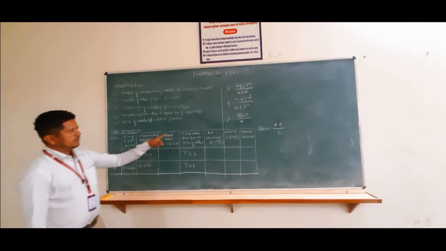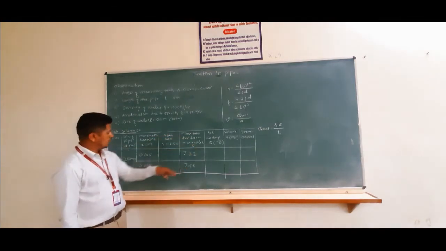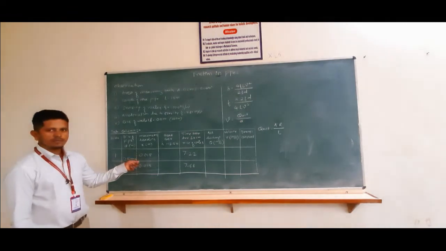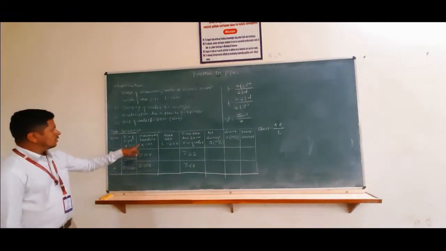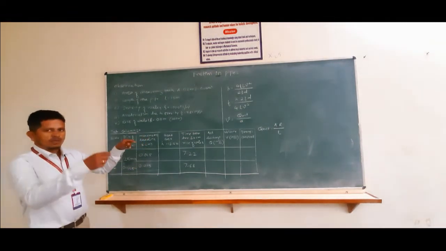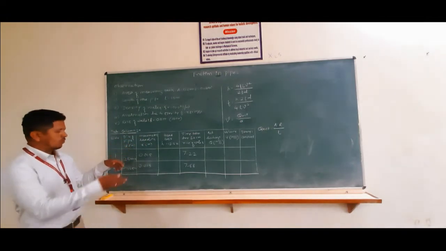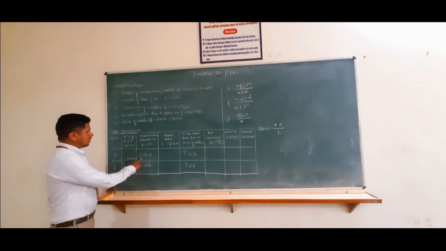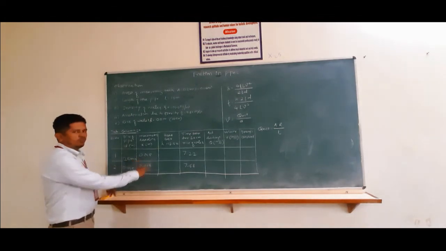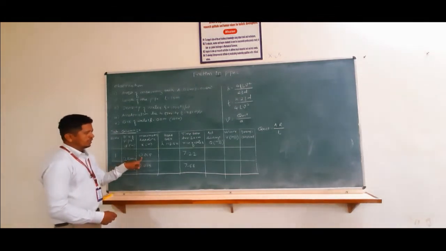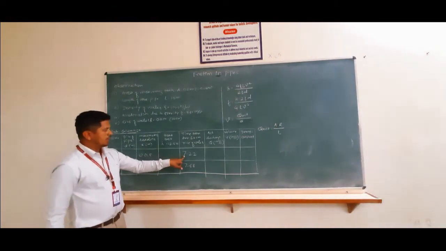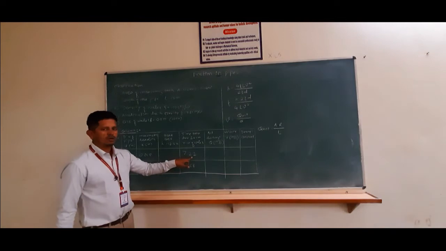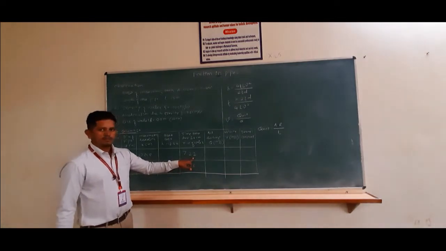Because all the readings are in meter, you convert whatever set of readings you are going to take in terms of meter. The manometer reading, when the water is flowing in a pipe, whatever the difference you are going to get, that difference I have noted here: 0.015 meter for the first reading, and the time taken for the 10 centimeter rise of water is 7.22 second.